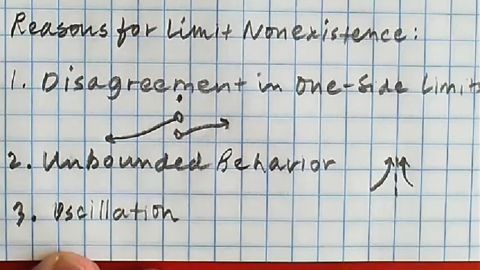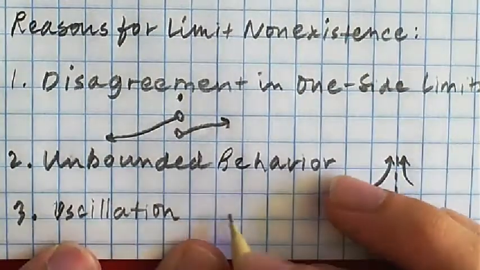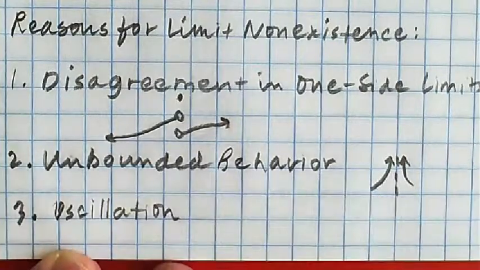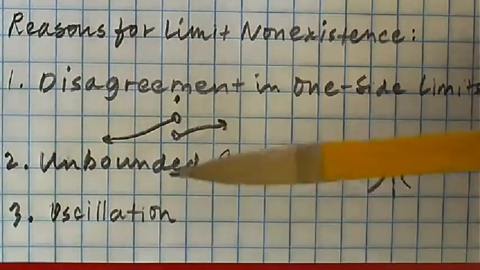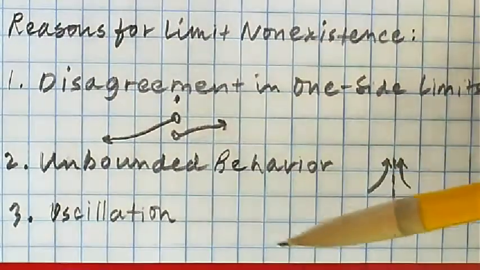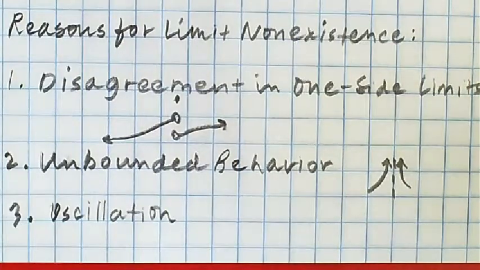Basically, two of the easiest to understand are the limit of sine x as x goes to infinity. You don't really know what that is yet, but just envision y equals sine x. It just keeps going up and down forever, and it doesn't get closer to one thing as x gets bigger and bigger. So there's no limit to that because it goes back and forth between -1 and 1.